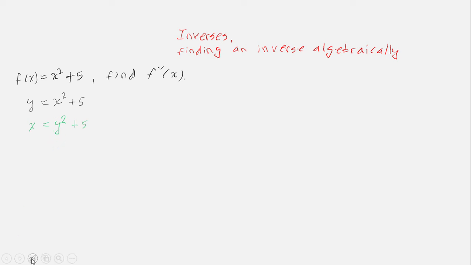Well, to solve for it, we need to take away 5 on both sides. So we get x minus 5 equal to y squared.